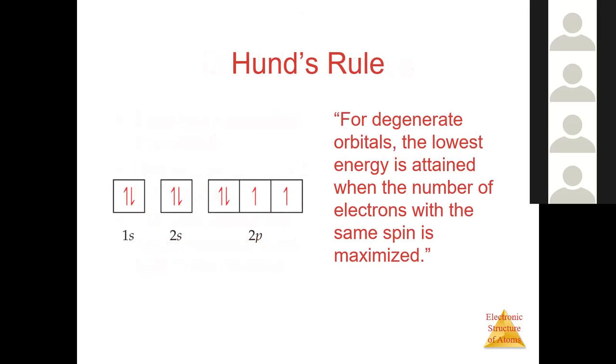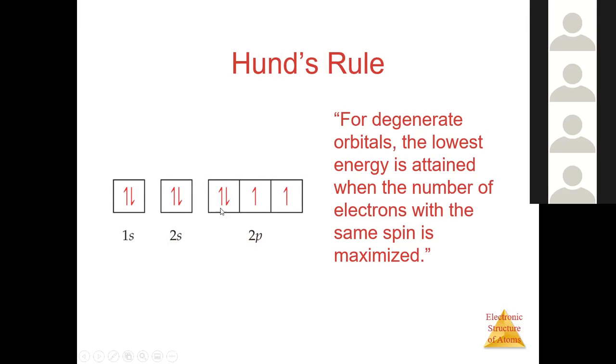Hund's rule. The lowest energy level is achieved when the number of electrons with the same spin is maximized. In other words, you want to fill all of the suborbitals with the electrons spinning in the same direction.